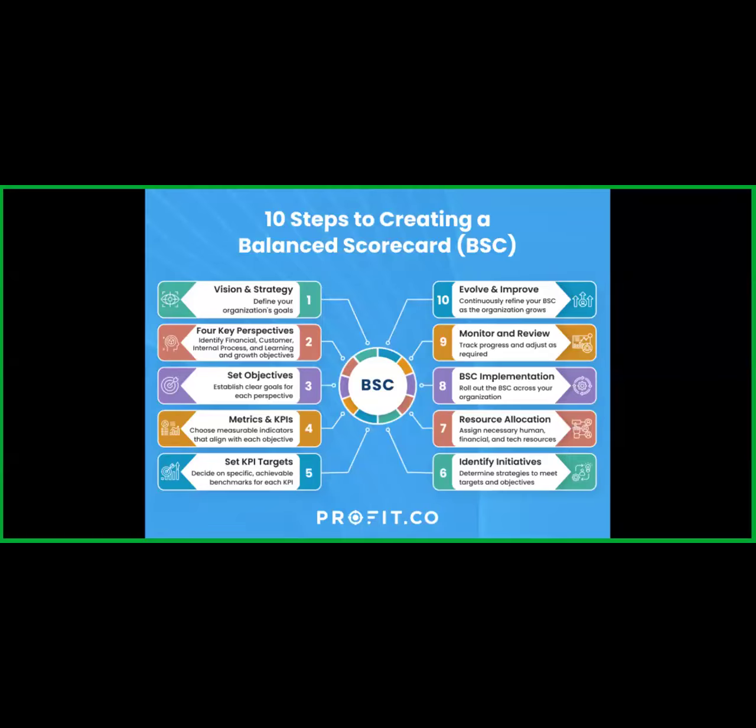Then the second one is the four key perspectives that we had discussed yesterday. We need to identify financial, customer, internal process, and learning and growth objective, which is also known as innovation objective. So we need to then study the four key perspectives of the organization: financial, next is customer, internal process, and growth.